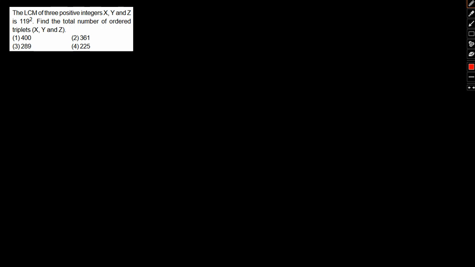The LCM of three positive integers x, y, z is 119 square. So find the total number of ordered triplets x, y and z. Here we can see LCM is given as 119 square, which can be written as 17 square into 7 square.